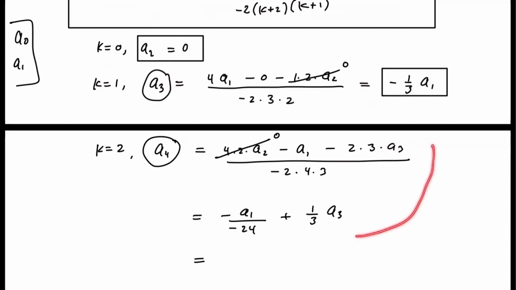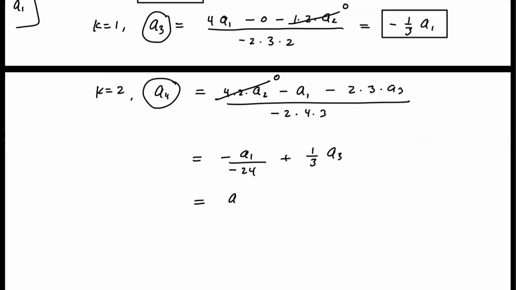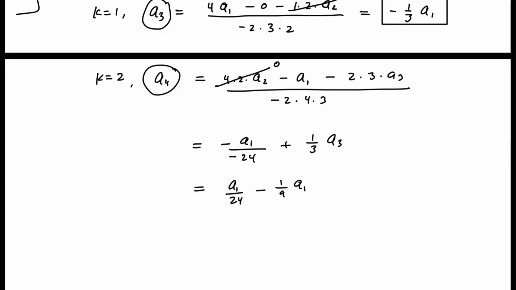So I'm going to sub that in here. Then this will give me a sub 1 over 24 minus 1 over 9 a sub 1. And then you can combine the coefficients. So this is really just negative 5 over 72 of a sub 1. All right, that's our coefficient a sub 4.